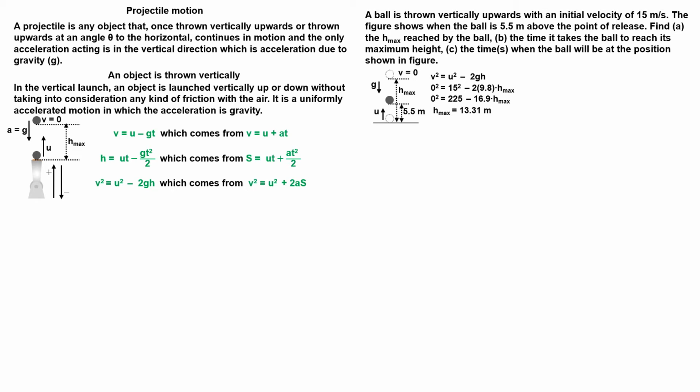To find the time it takes the ball to reach its maximum height, we take the first equation. Replace the initial velocity with 15, the gravity with 9.8, the velocity at the maximum height with 0, and solve for the time.